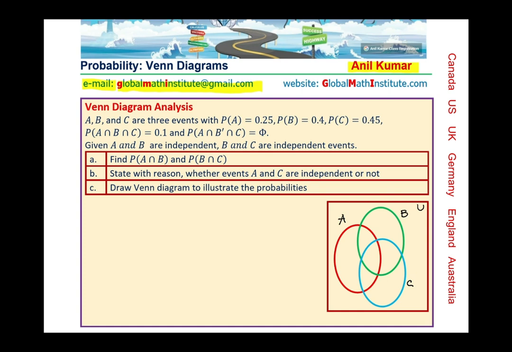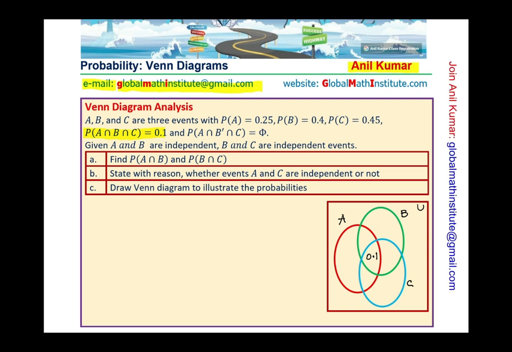We are given that the probability of A intersection B intersection C is 0.1. So let's begin from inside out. Let's write down 0.1 as the intersection of all the three. So that is this, correct?